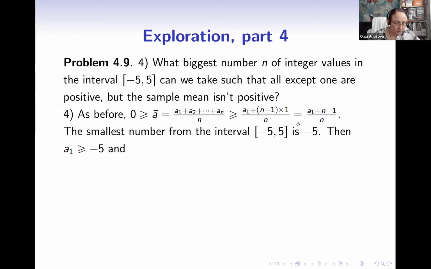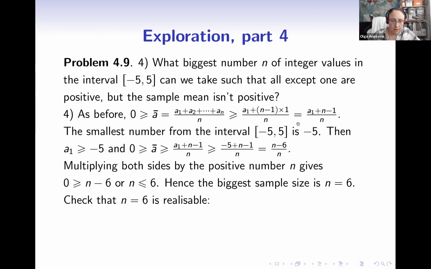So what is n in this case? So what will be n if we set A1 to -5? Yeah, very good, absolutely. So let's put -5 into the equation, and then indeed n is the largest number.